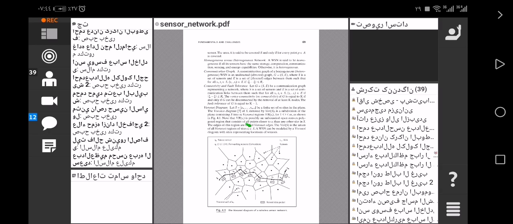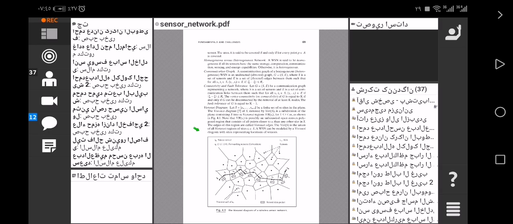Communication range. Communication graph. The communication graph of a homogeneous WSN is an undirected graph, a graph that has no direction. Communication graph G includes the set of sensors S, capital S, and capital E, the set of edges, the set of links between sensors.